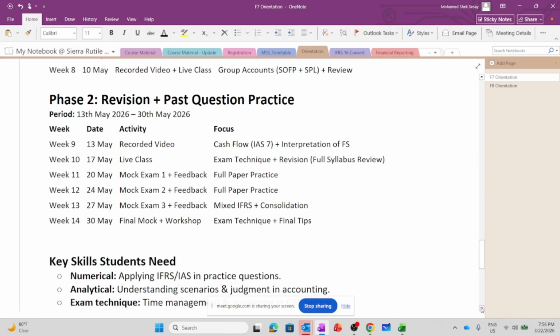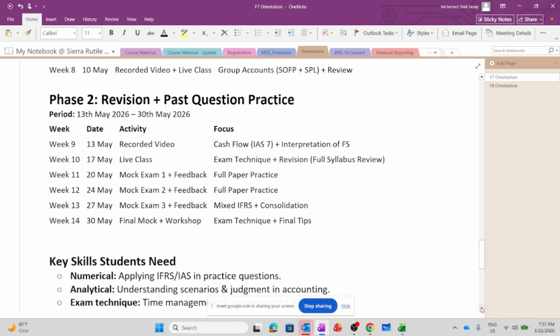So basically, the other week we are going to cover the mock exam, and also I'm going to give you feedback based on the outcome of the mock and how well we have been able to understand the concepts of financial reporting. Then the final session will be the exam technique plus final tips.